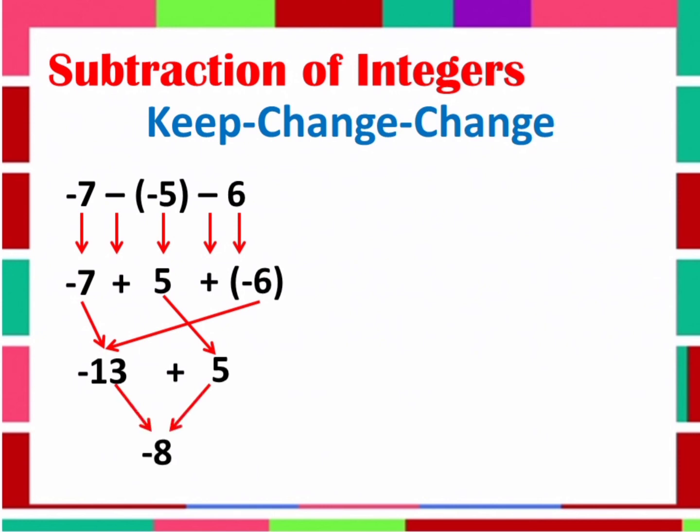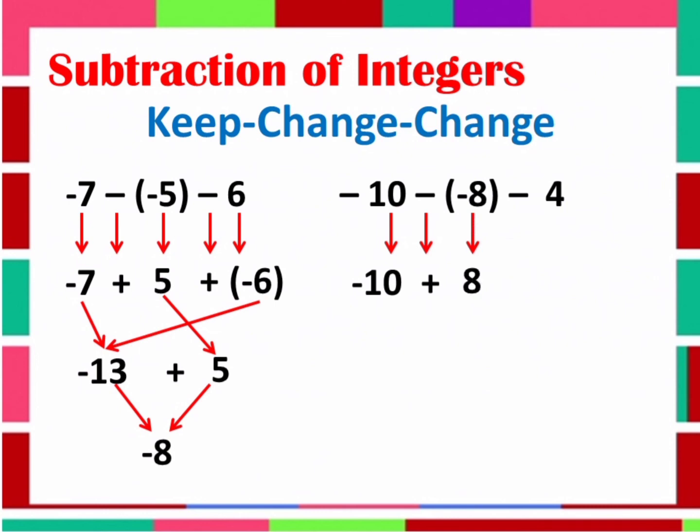Another one. Negative 10 minus negative 8 minus 4. So keep negative 10. Minus will become plus. Negative 8 will become positive 8. Another minus will become plus. And 4 will become negative 4.